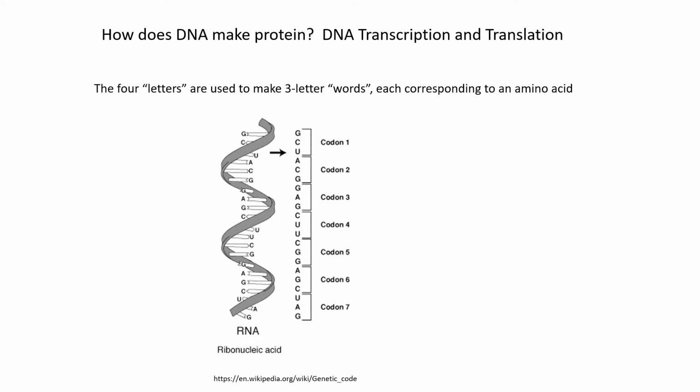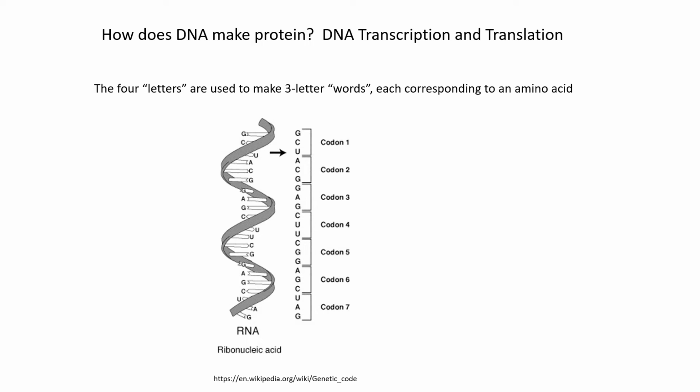Well, a bit later, Crick was the one who unraveled or answered the question we are now asking. He basically discovered that the four letters in DNA are used to make three-letter words. These three-letter words are called codons, and each codon corresponds to a specific amino acid.